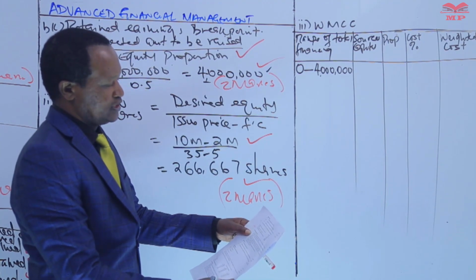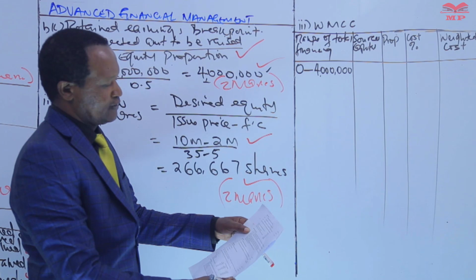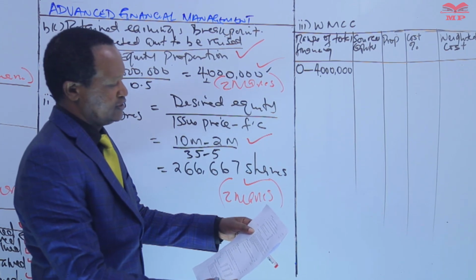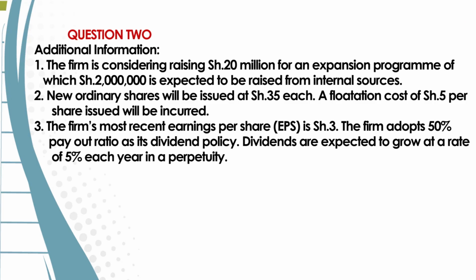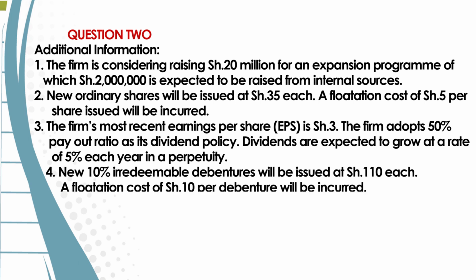Now look at the information given. The firm is considering raising 20 million for an expansion program, of which 2 million is expected to be raised from internal sources. New ordinary shares will be issued.